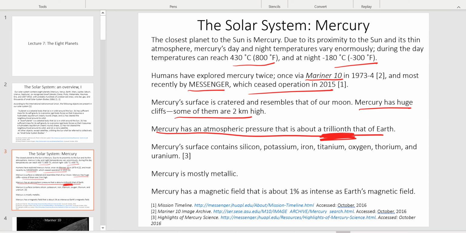One of the things you should keep in mind is that when you see the surface of an object, whether it be a dwarf planet, satellite, planet, what have you, that is highly cratered, you should think that that object does not have much of an atmosphere. Another thing that our atmosphere does is smooth out the surface of the Earth.